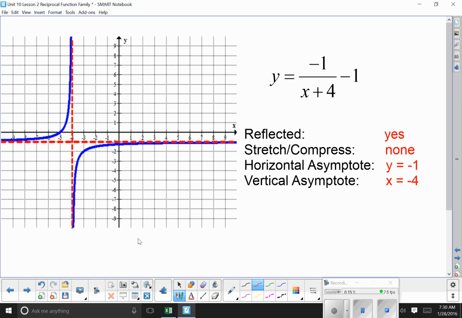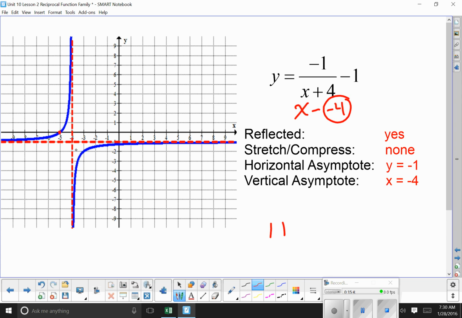Reflected? Yes. Stretched or compressed? No. Horizontal and vertical asymptotes are h and k. Remember that this is x minus -4. So there's my h value. I draw in the asymptotes, and then my pattern is right 1, up 1. Well, since it's reflected, I go left 1, up 1.